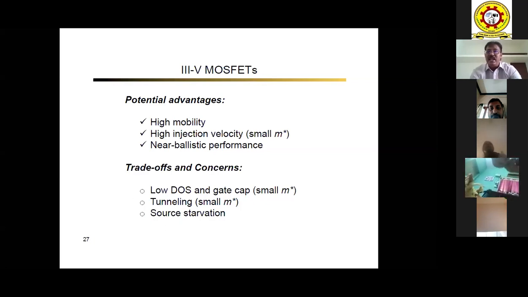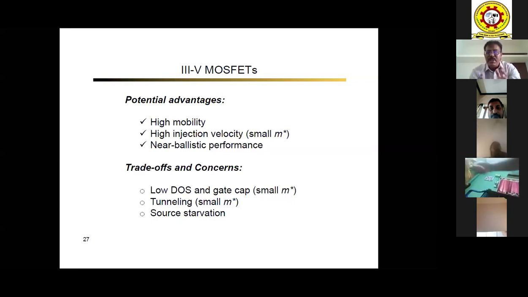Parasitic capacitances are negative effects, whereas gate capacitance is a positive effect. Why? Because the more the gate capacitance, the faster you have an inversion layer formation at the channel, which is an essential parameter. So gate capacitance should be high in order to turn your device into the inversion layer, and your channel turns on very quickly, thereby reducing your threshold voltage.